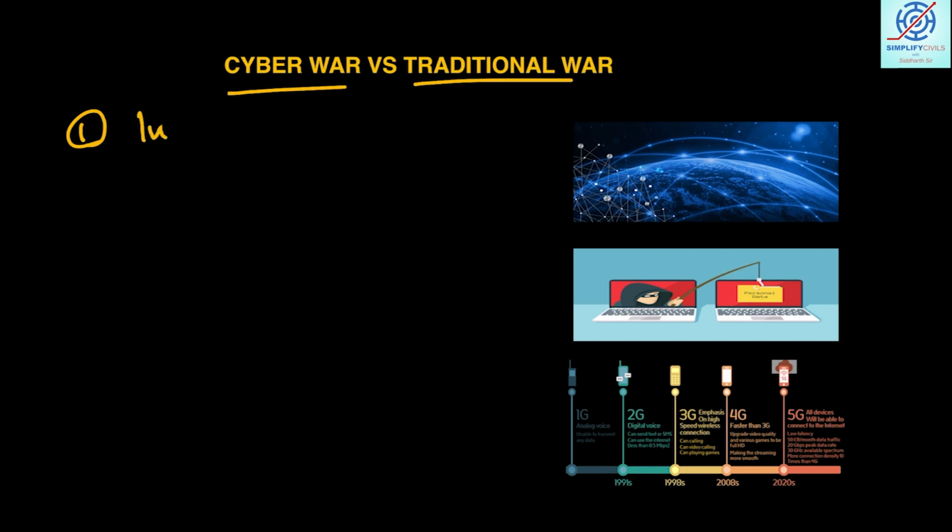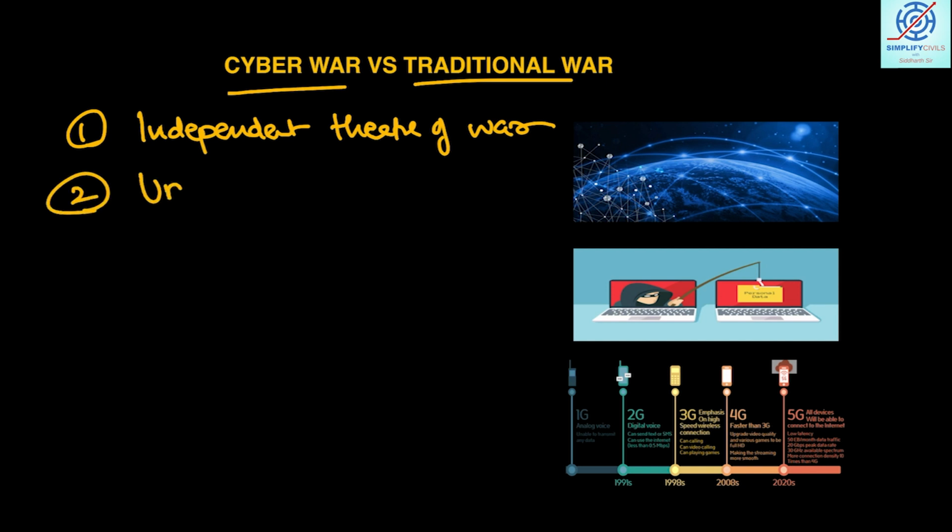First point is the independent theater of war. As I already explained, it is a unique theater of war which one nation can wage against another. Second point is the undefined space. It is borderless.